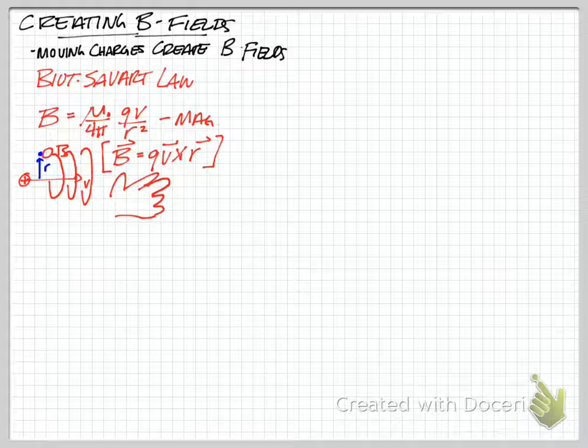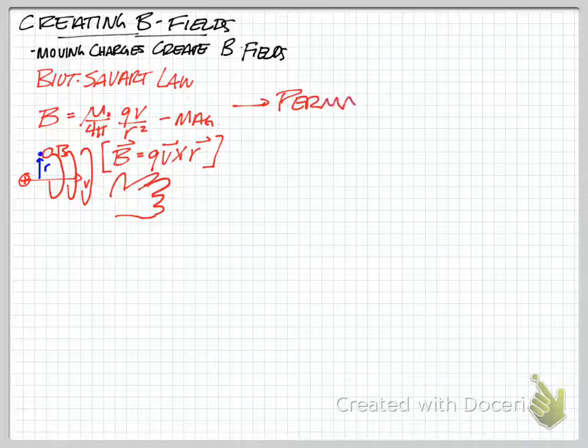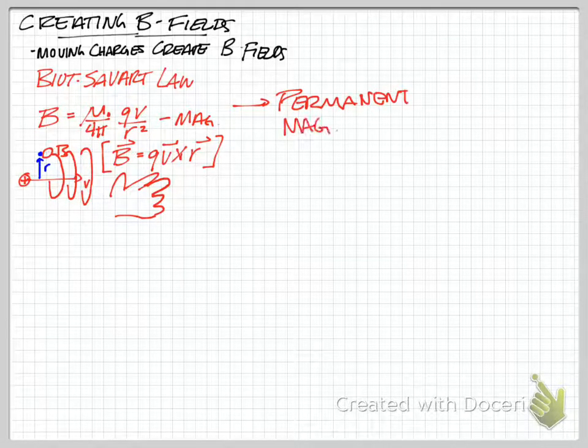And this is where we get permanent magnets. Permanent magnets come from electron spin in atoms.